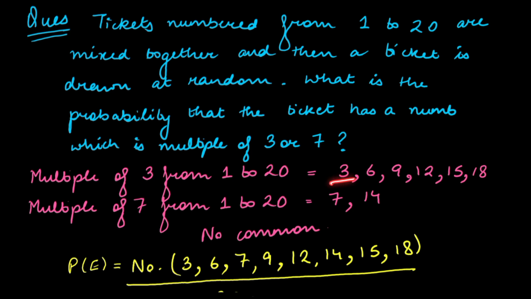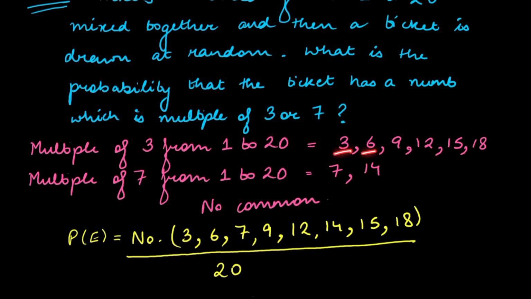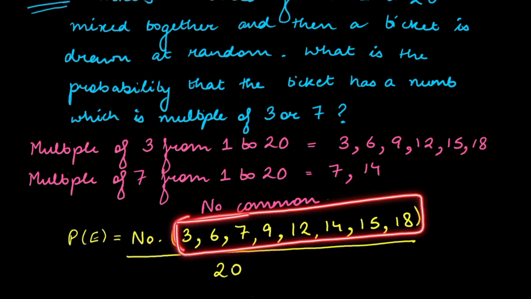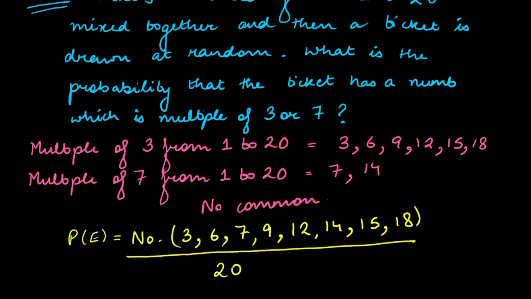So we can simply calculate the total. The favorable outcomes are 3, 6, 9, 12, 15, 18, 7 and 14, which if drawn give us a multiple of 3 or 7.